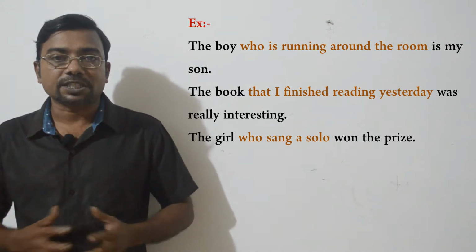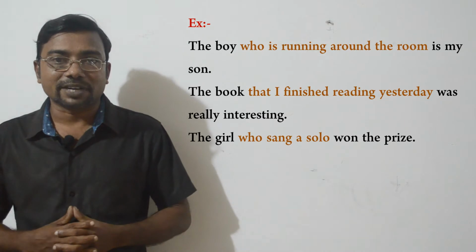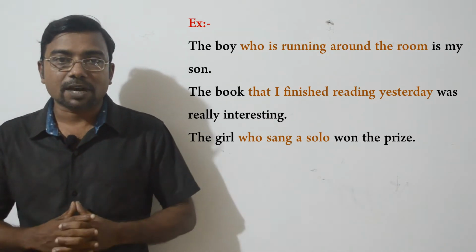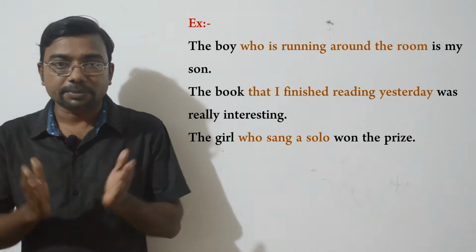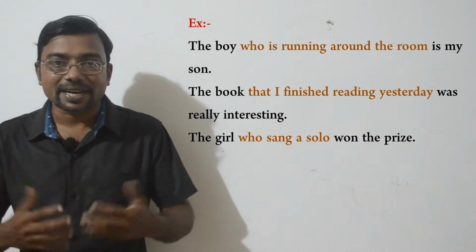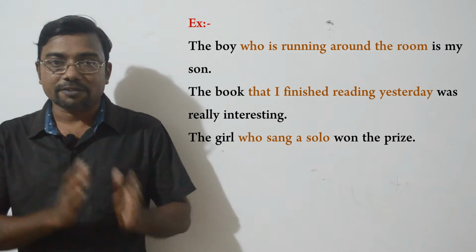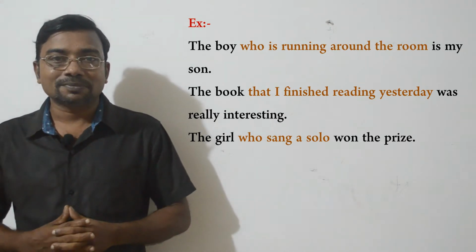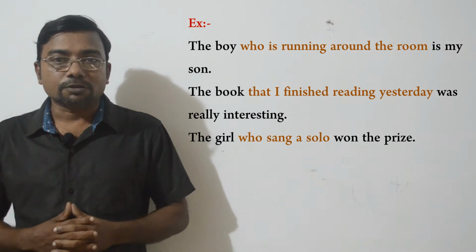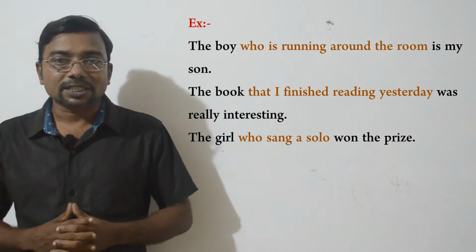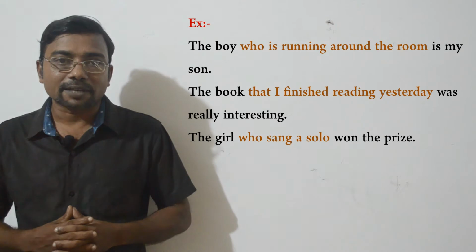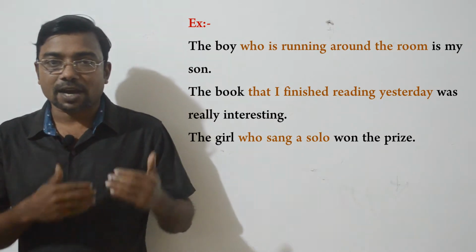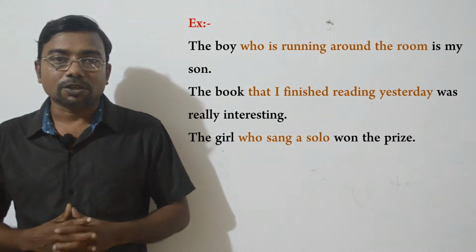Can you identify the adjective clause in this example? Remember, an adjective clause always begins with a relative pronoun or relative adverb. It includes a subject-verb combination, it is a dependent clause, and it stands after the noun or pronoun to modify it. Here, who is running around the room is the adjective clause because it is a dependent clause that begins with the relative pronoun who, and here the subject is who.